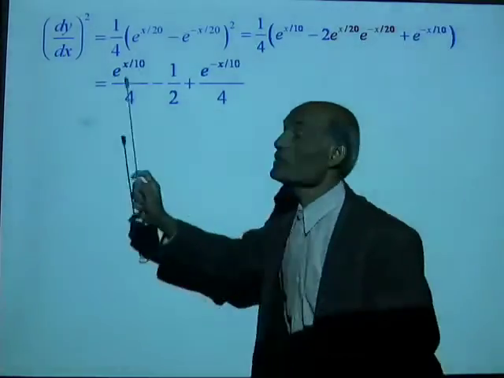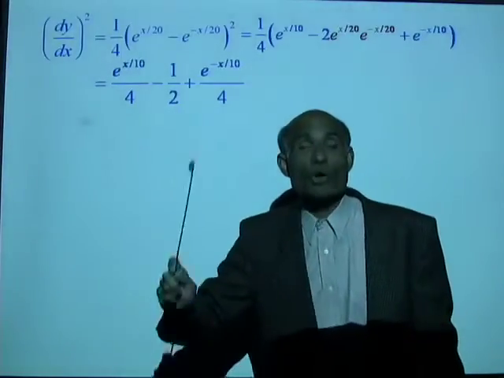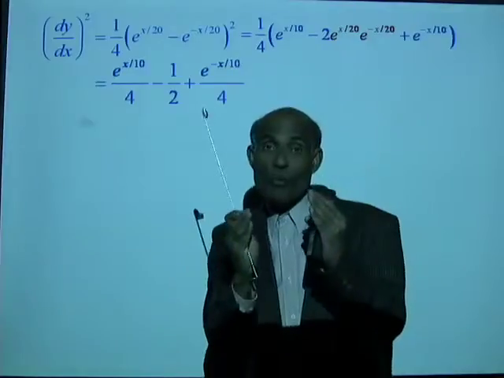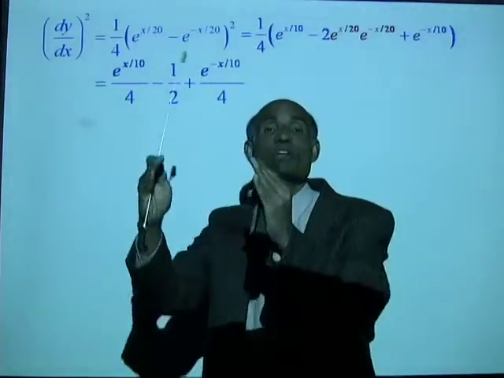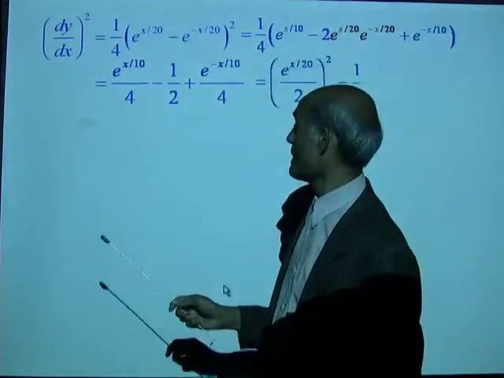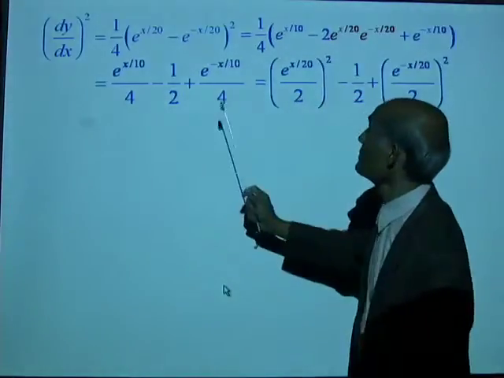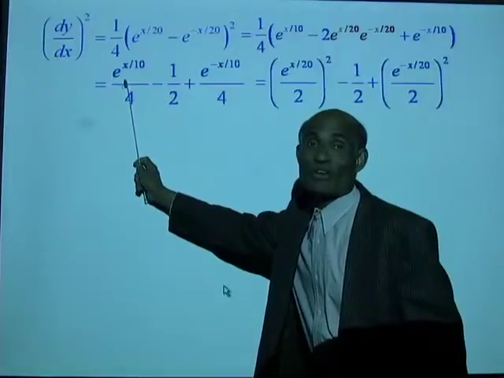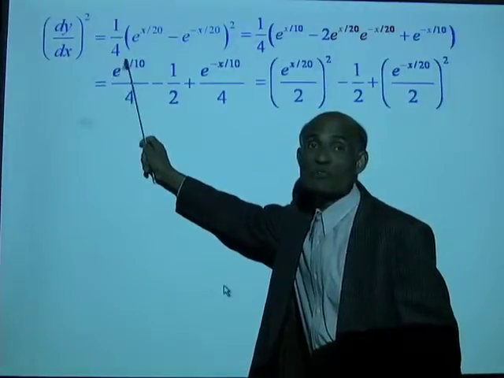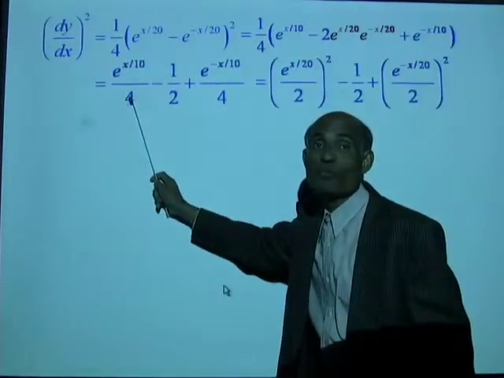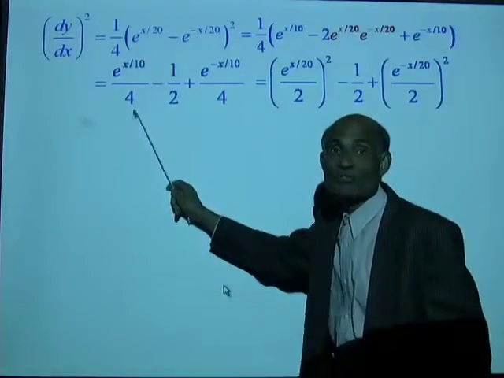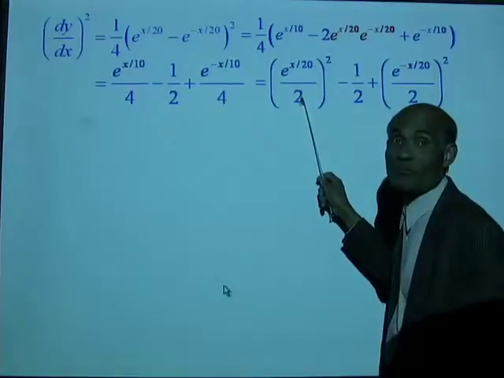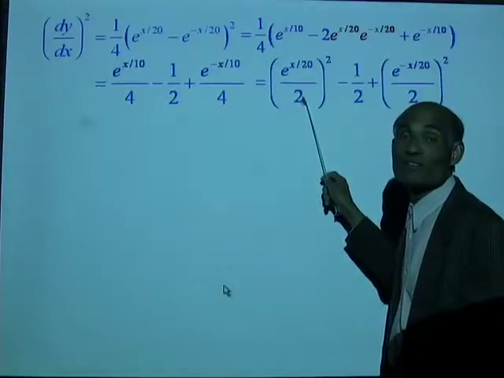Okay, this is dy by dx all to the power of 2. What is the next step? We got to find 1 plus dy by dx, the quantity raised to the power of 2. Now, to do that, first of all, let's organize this. Can I write e to the power of x over 10 over 4 as the square of e to the power of x over 20 divided by 2? Yes.